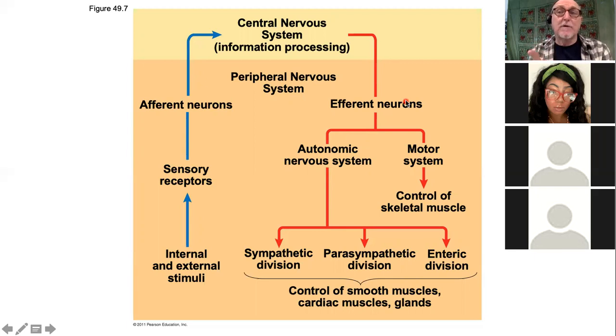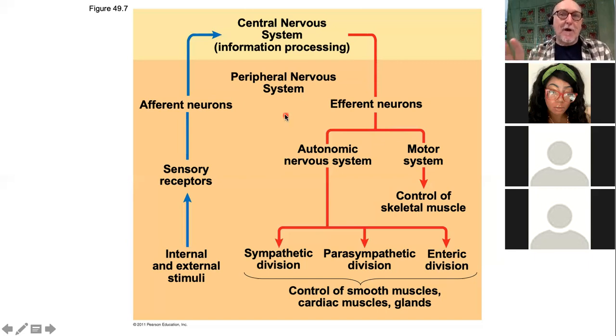But that output is not necessarily to effect a movement, a voluntary movement. It may. The output may require some form of control of muscle movement. In other words, it's going to affect a physical behavior in response to the sensory input.